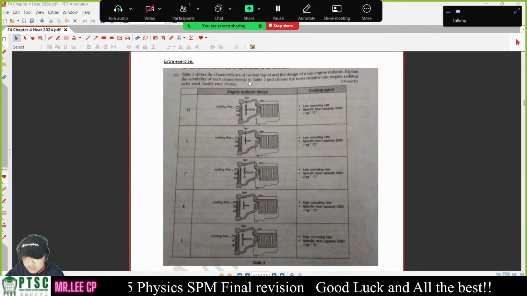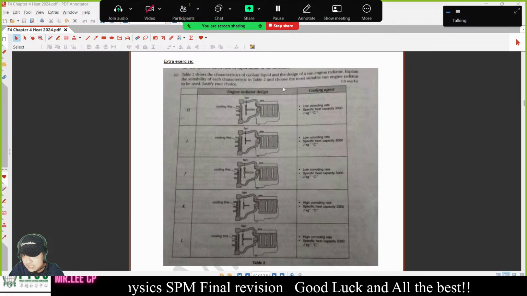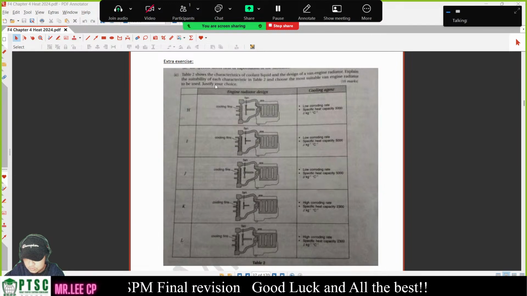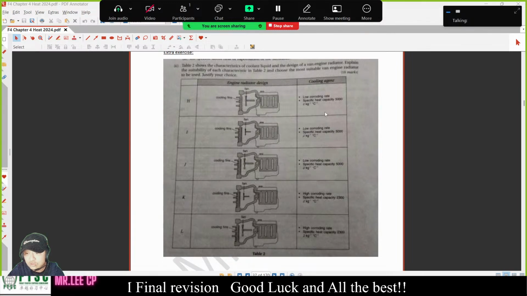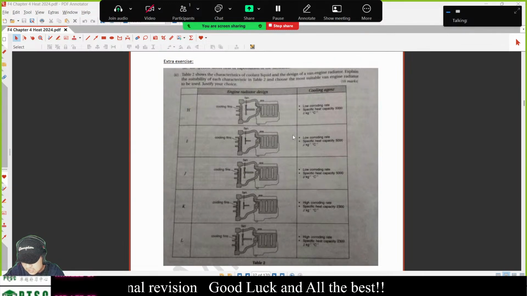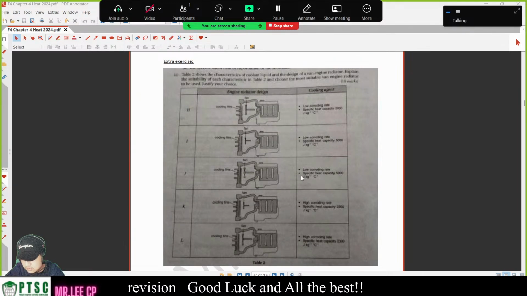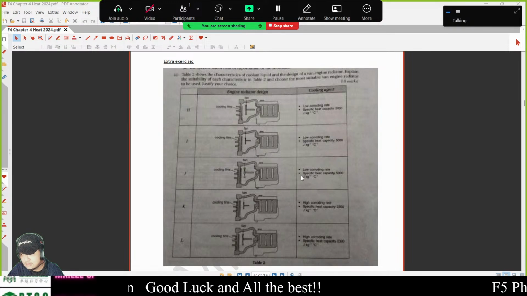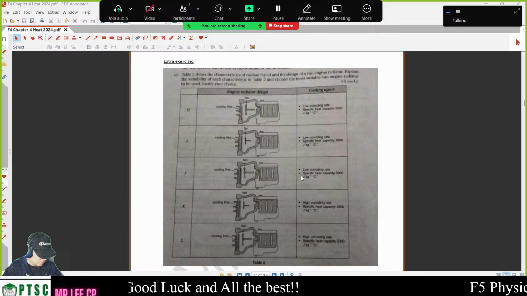Explain the suitability of the characteristics in Table 2. Then choose the most suitable vane radiator to be used and justify your choice. Okay, so this is the question. You do it and we are going to discuss within 10 minutes. Alright, I'll be right back. Do it.